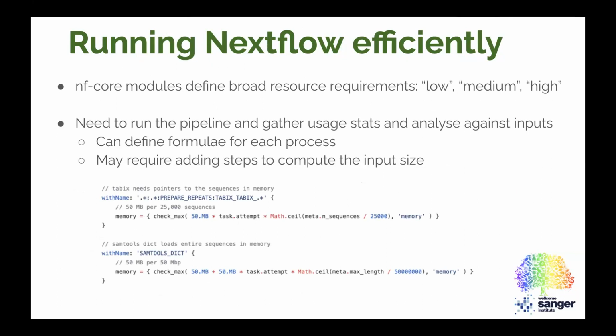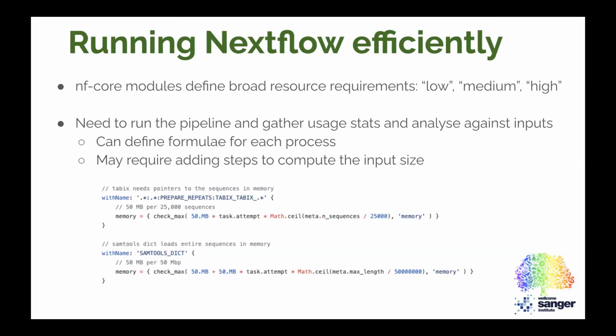So the default pipelines we have as they're built from NF Core, they're just really suboptimal. And we need to go and run the pipeline against multiple inputs, so find genome sizes and those sorts of things, gather usage statistics, and currently it's not automated.